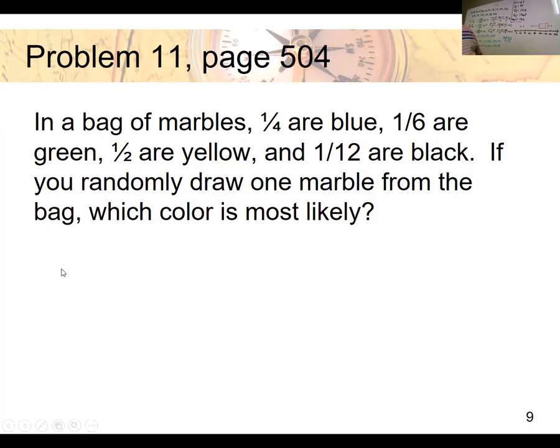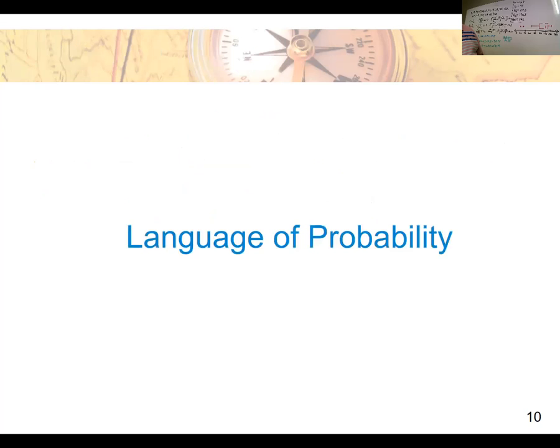The yellow, because half of them are yellow. Because 1/2 in this case is more than 1/12, more than 1/4, and more than 1/6. So the answer there will be yellow. Questions on that particular problem?